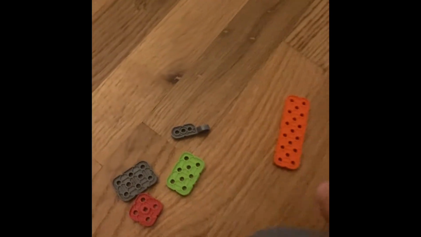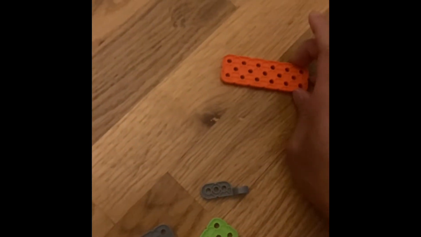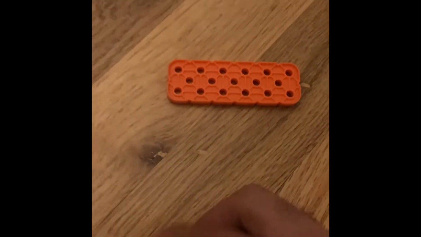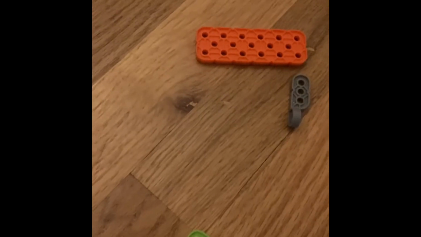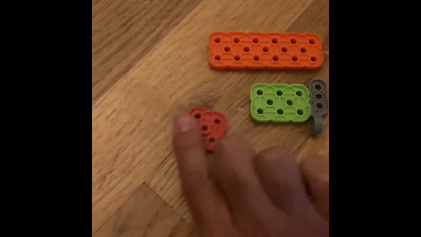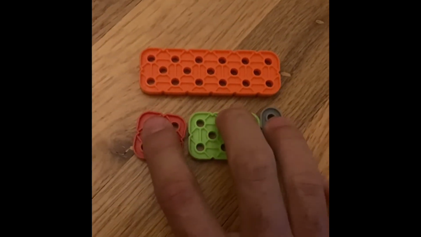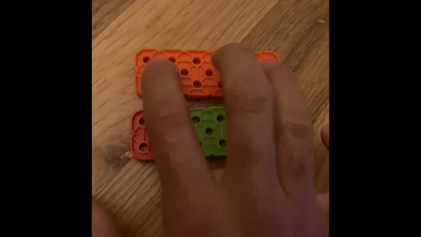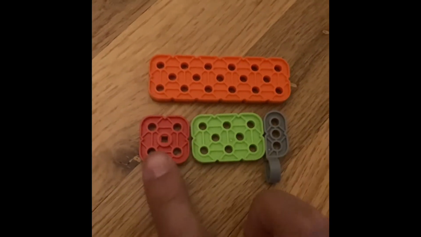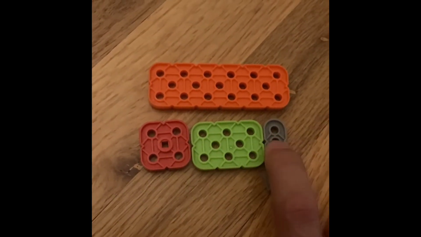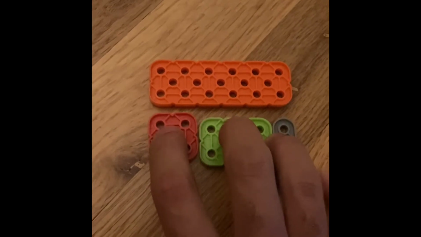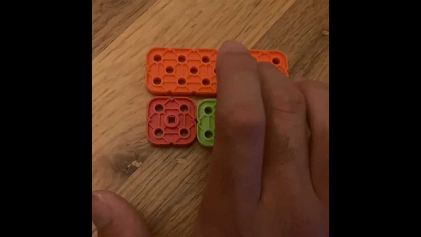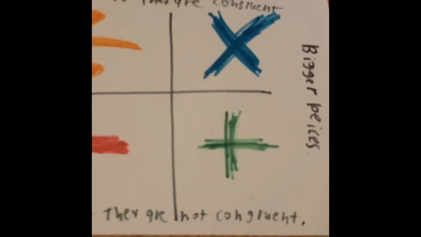So for addition, we have to prove, or explain why, this orange piece is going to be congruent with the red, green, and gray pieces. The orange piece is congruent to red plus green plus gray. So the length of these together is the same as, and congruent to, the length of this. That is the addition property.